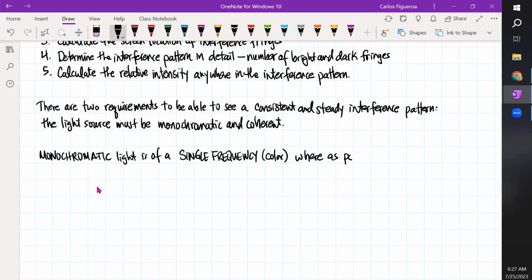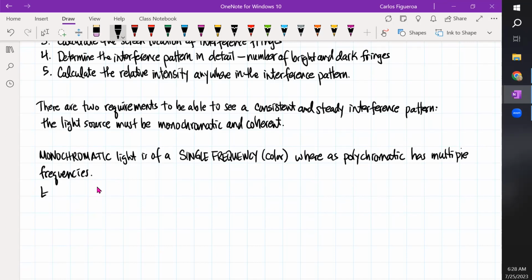Whereas polychromatic has multiple frequencies. For example, an LED. An LED, like the light bulbs in your house, are polychromatic.